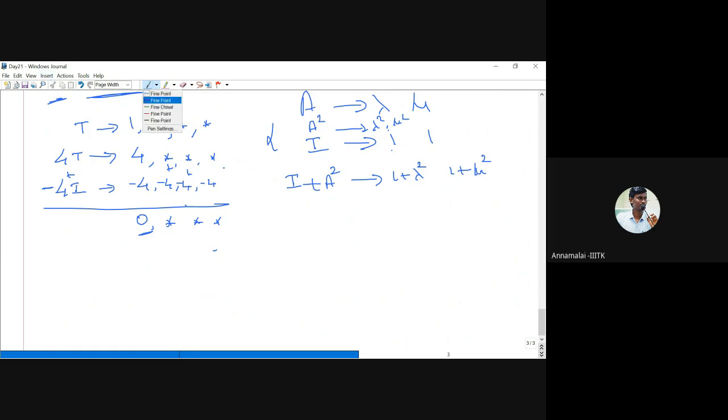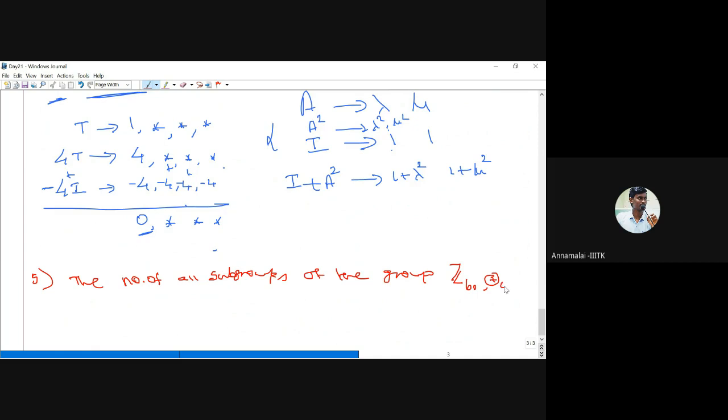The number of all subgroups of the group Z60, which is a group with respect to addition modulo 60. How many subgroups are there?